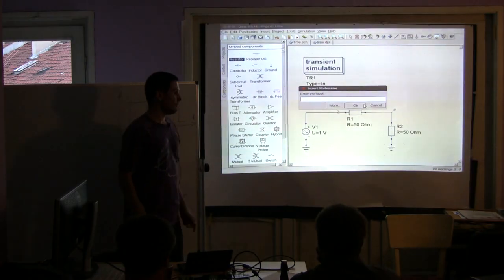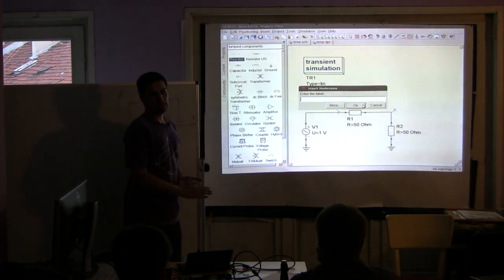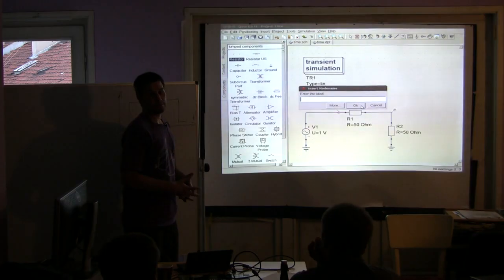So we have DC and AC parameters of devices.